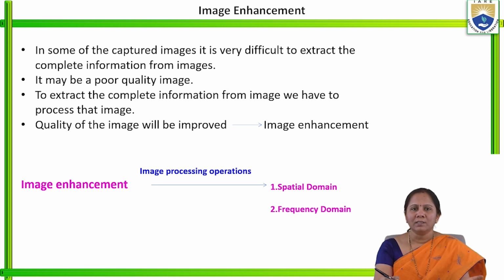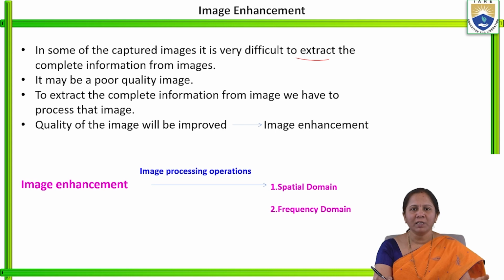As soon as the image is captured by the capturing devices, if we see that particular image, that image will not be clear. It will be a poor quality image, so it is very difficult to extract the complete information from the images. Generally, in which cases will the captured images have low quality?